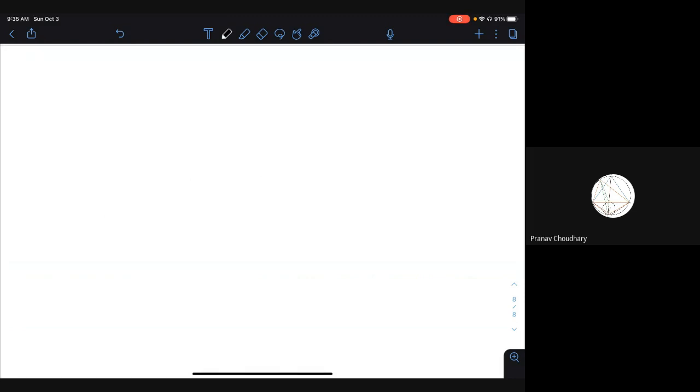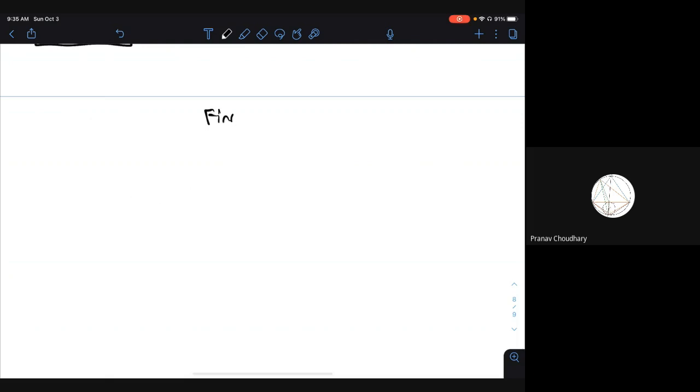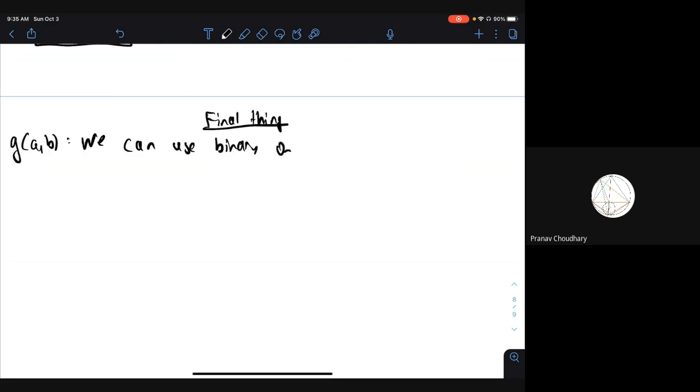I'll just show one more observation that will help us a lot. So the final thing: we can use binary within this A and B itself.